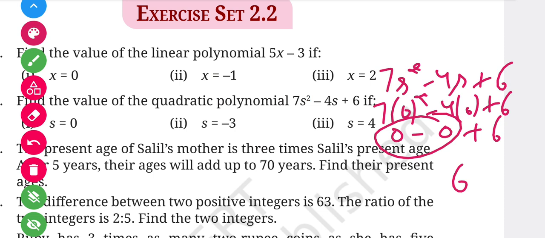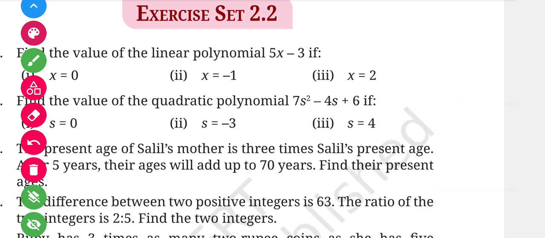The zeros do not have any importance, so we are left with 6. So the polynomial 7s square minus 4s plus 6 at s is equal to 0 is equal to 6.